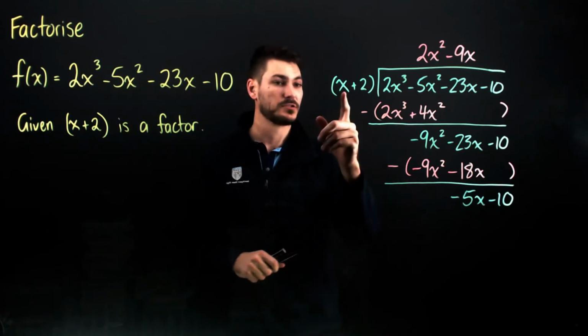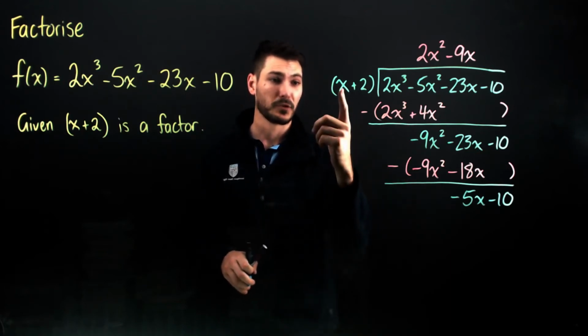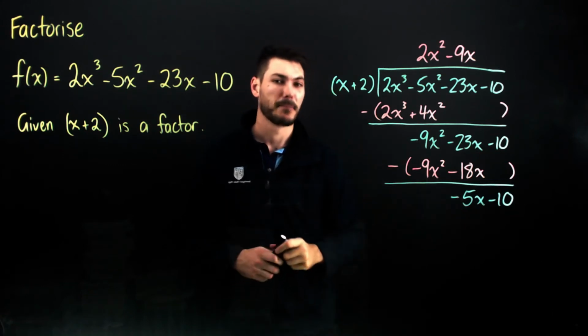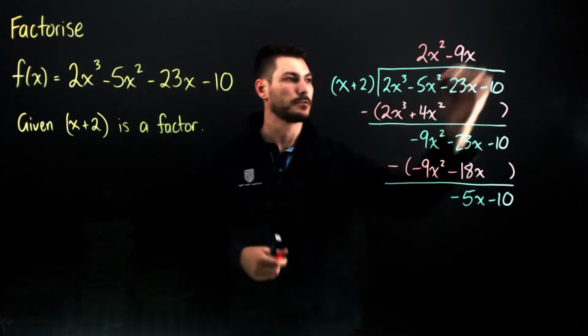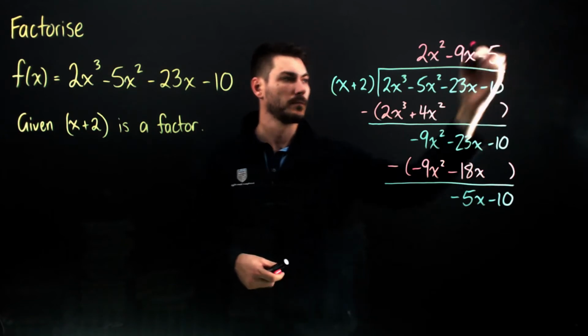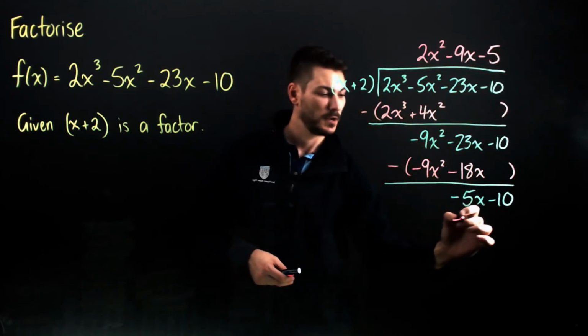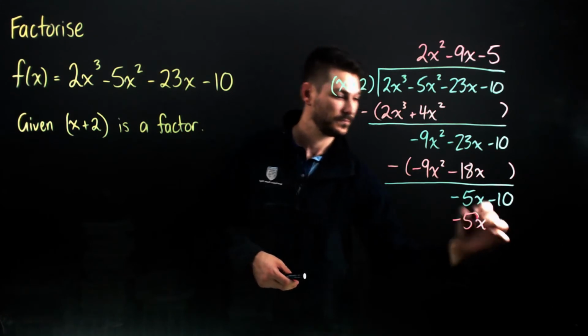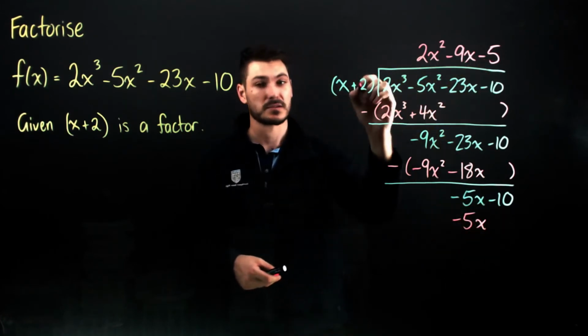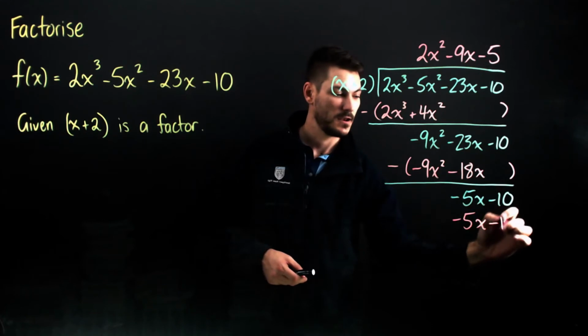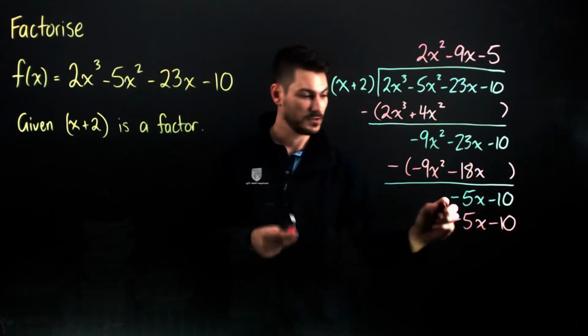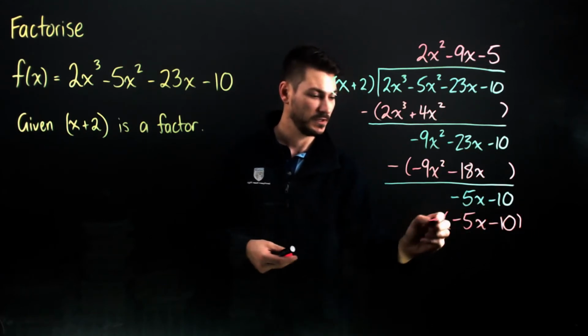So now I'm going to ask myself, what do I multiply x by to get minus 5x? The answer is minus 5. And I'm going to multiply back through. So minus 5 times x is minus 5x. And minus 5 times 2 is minus 10. And now when we do our subtraction, we don't even really need to think.